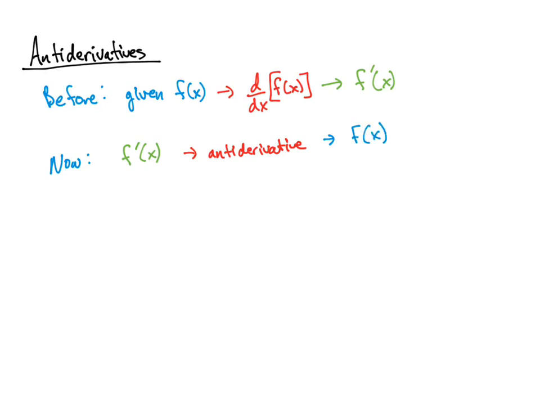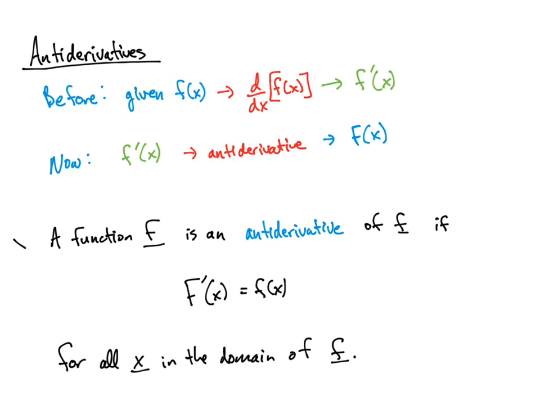And we're writing this as capital F here. So it's as though we're going in the opposite direction from a function, and we're going to take the antiderivative and lead back to some original function.